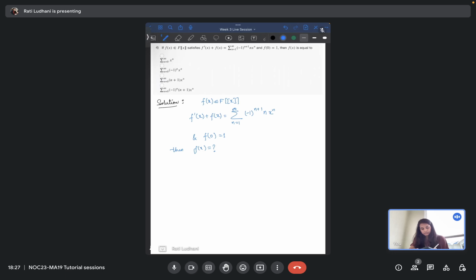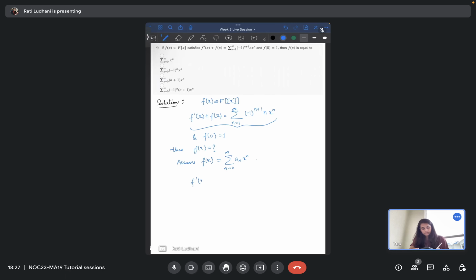Okay, let's see what happens in this situation. So again, assume f(x), so you need to just solve this equation. Assume f(x) to be summation a_n x^n, n = 0 to infinity.